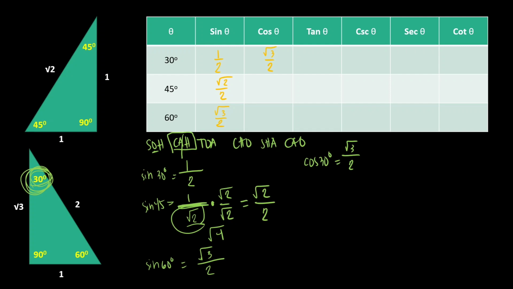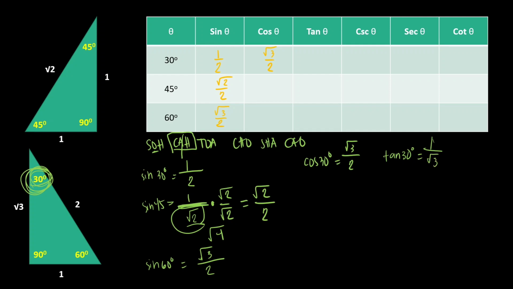Next is the tangent 30 degrees. For tangent, tan 30 degrees equals opposite over adjacent. The opposite of 30 degrees is 1 and its adjacent is square root of 3.